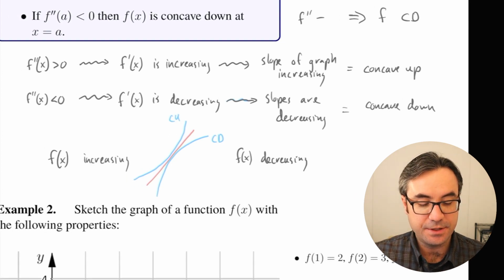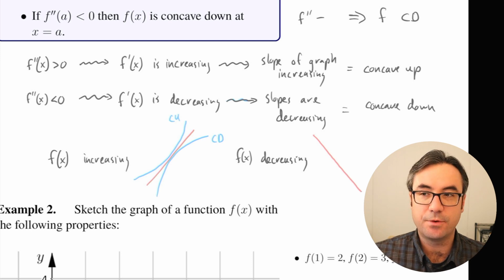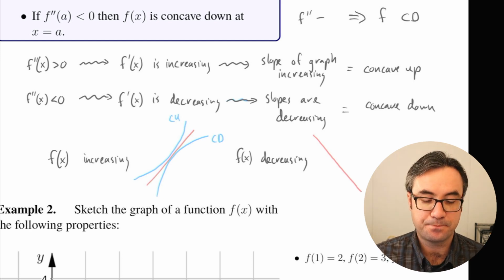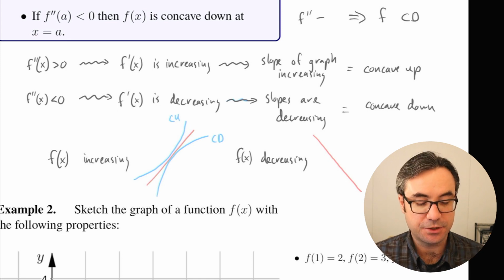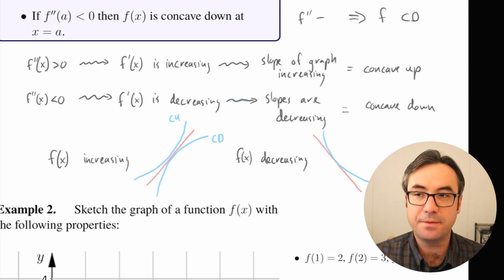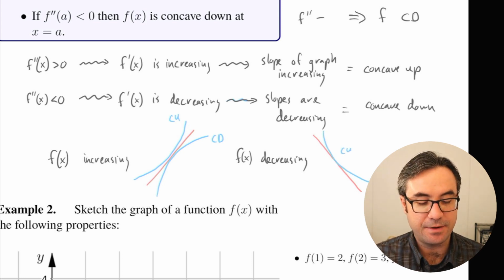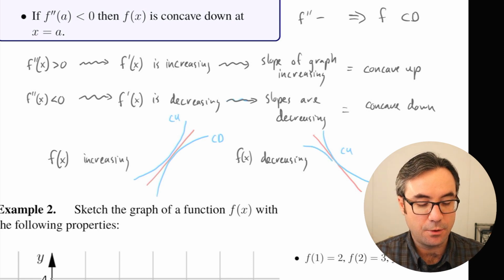If we had a decreasing function, that means our tangent line would be moving downward. And there's two options for a decreasing function in terms of concavity. The curve could either bend above it, in which case it would be concave up, or it could bend below the tangent line, in which case it would be concave down.